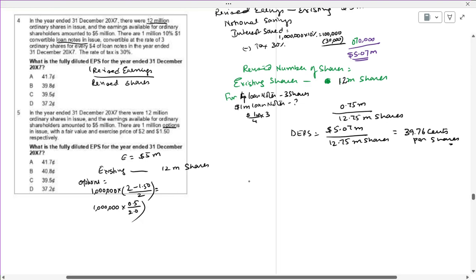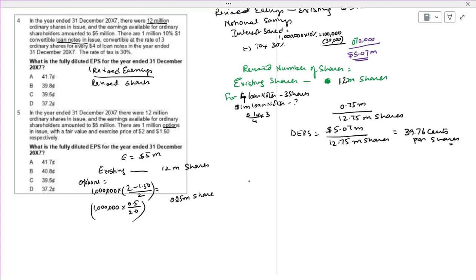How much will you get? 250,000. Yeah, 250,000. So 0.25 million shares.